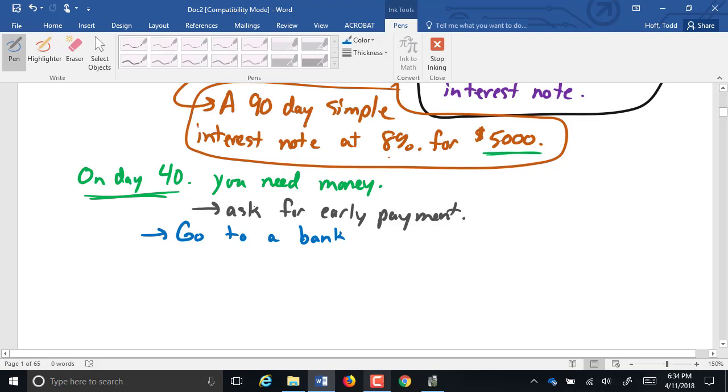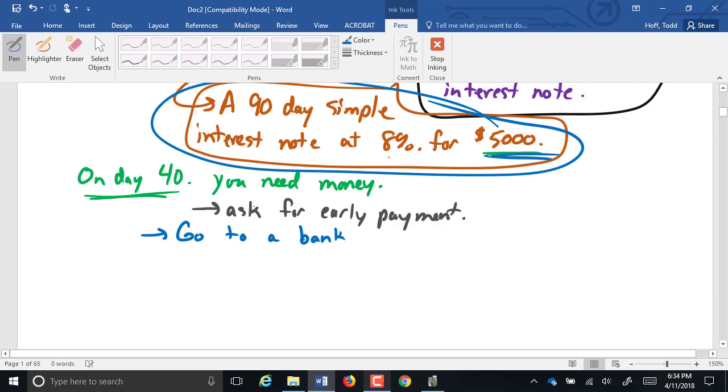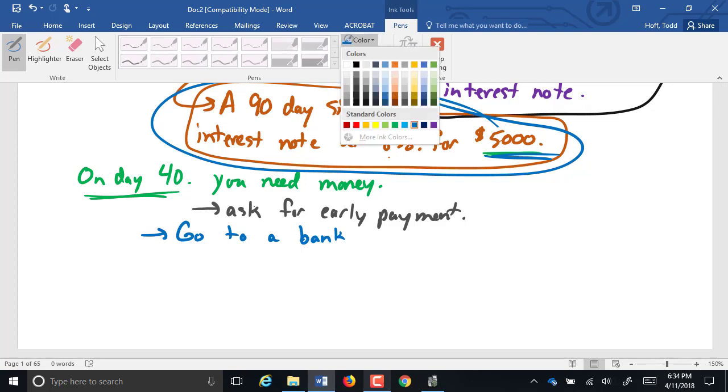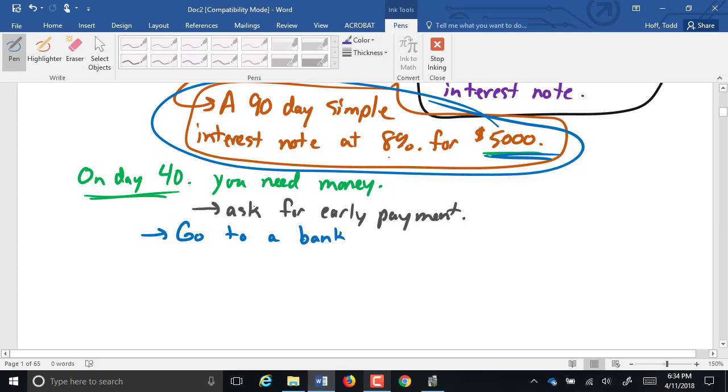But I have this simple interest note that's going to be paid in like 50 days. Can you give me a loan based on that? And the bank is going to say, sure, we'll give you a loan based on that. They loan you money on that simple interest note.